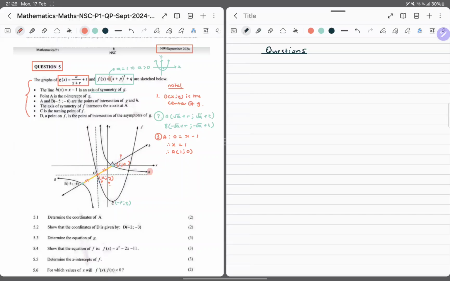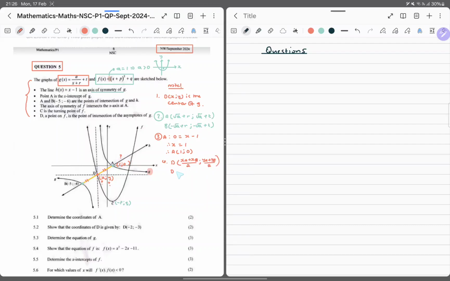Now this already tells us that our point D is going to be the midpoint of AB, such that x at A plus x at B over 2 is to y at A plus y at B over 2.